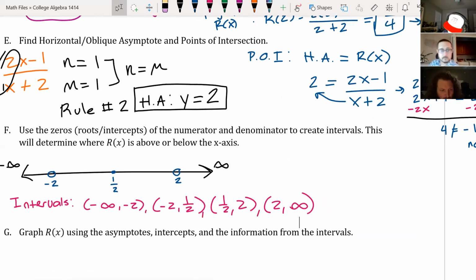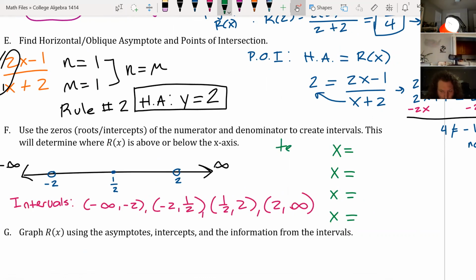And then let's pick test numbers. We're going to have 4 test numbers. Okay. Give me a number from -infinity to -2. -3.